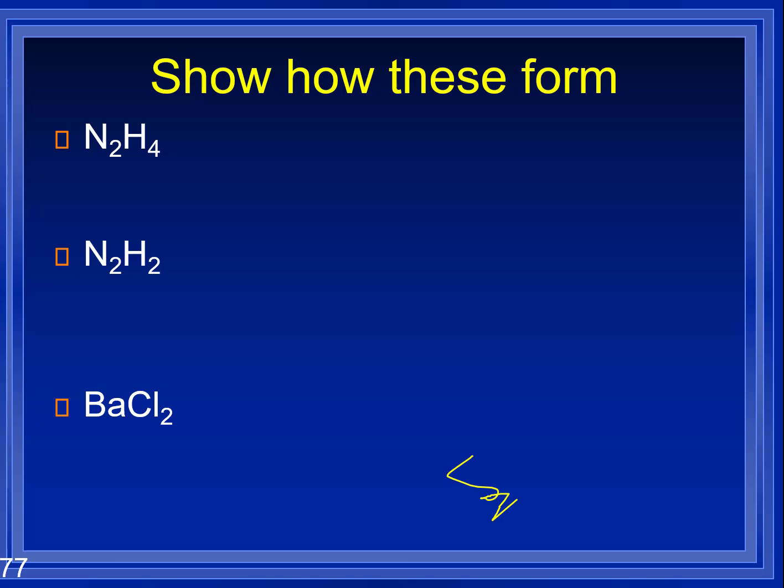So, BaCl2. So Ba gets how many dots? 2. And Cl gets 7. Everybody see how the Ba and Cl are going to fit together? No, you don't.